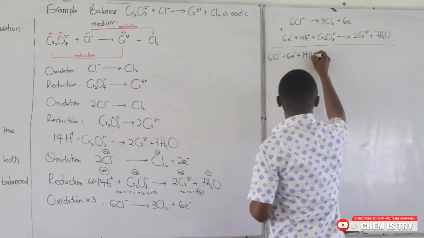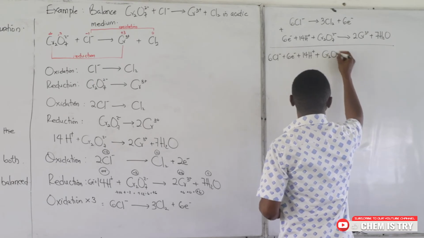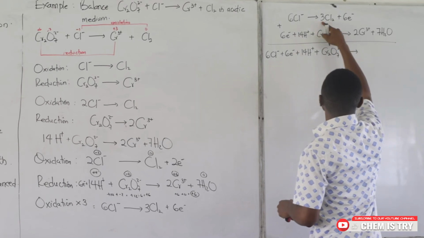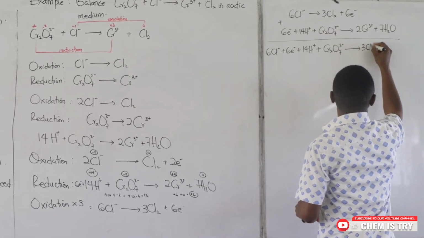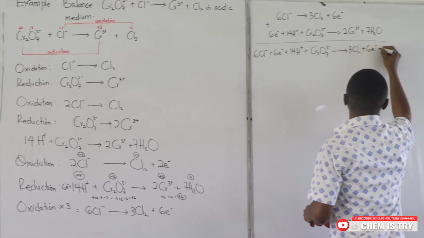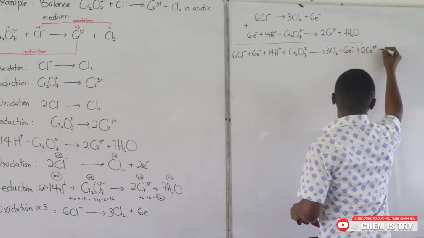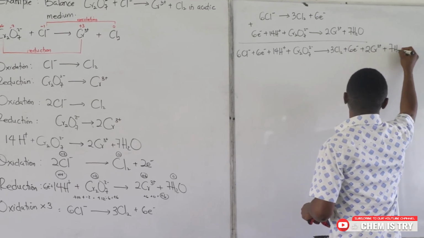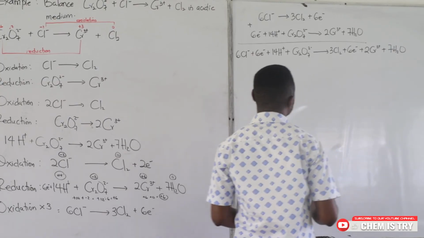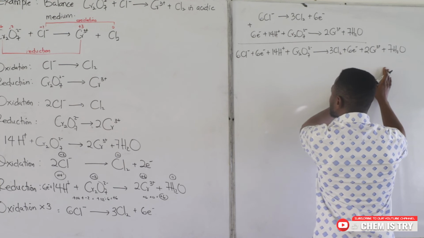Now, when we add them together, at the reactant side, we will have 6 chloride ions plus 6 electrons plus 14 hydrogen ions plus Cr2O7 2- going to produce 3Cl2 plus 6 electrons plus 2Cr3+ plus 7 moles of water. Now, do we see something that is common on both sides of the equation?